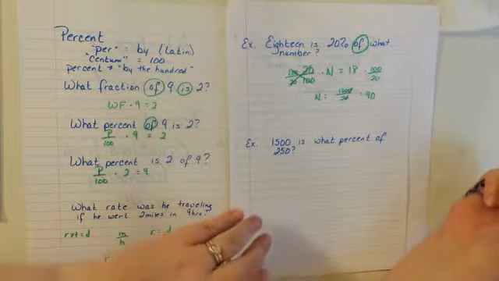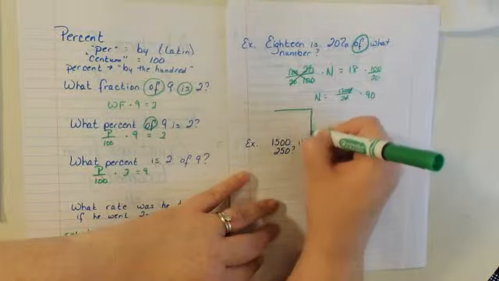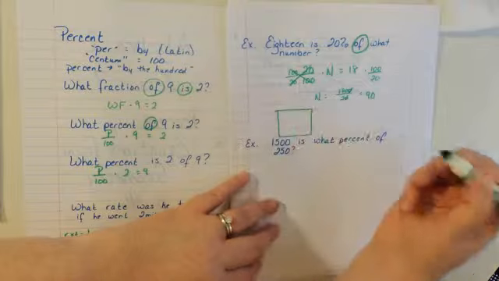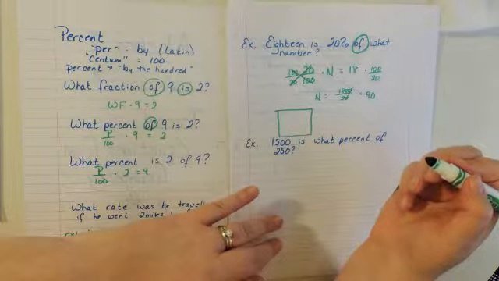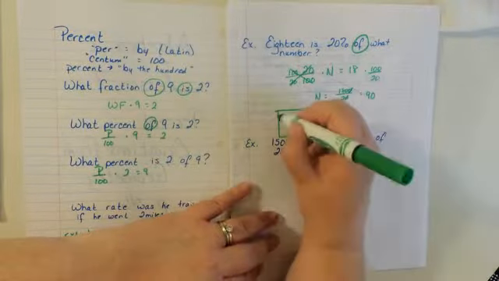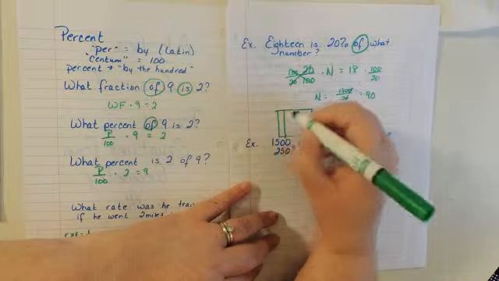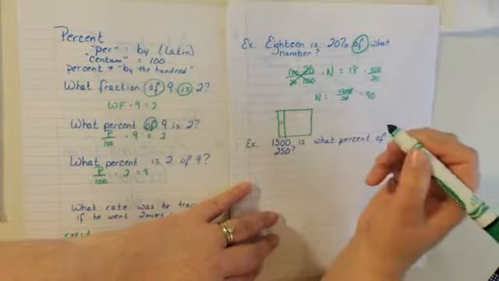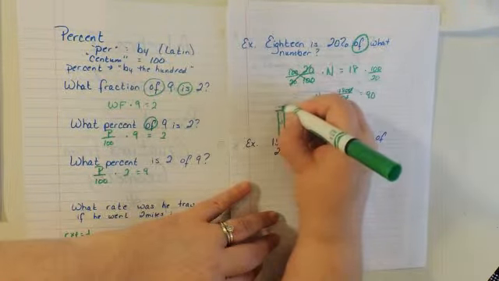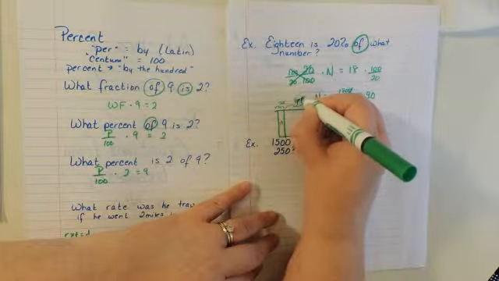If you think in terms of their diagrams, we could have made a box. 20 cents is a fifth of a dollar, so it's about a fifth. So this is going to be 18, which is 20%. This is going to be the 80%.